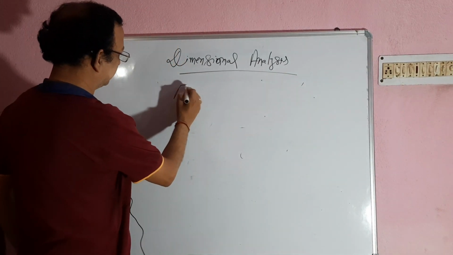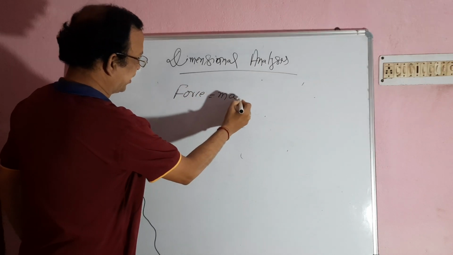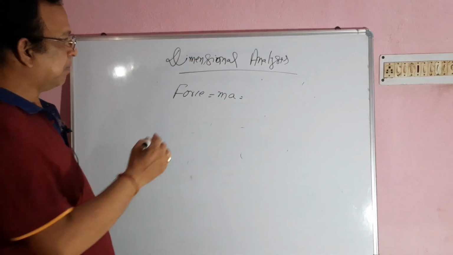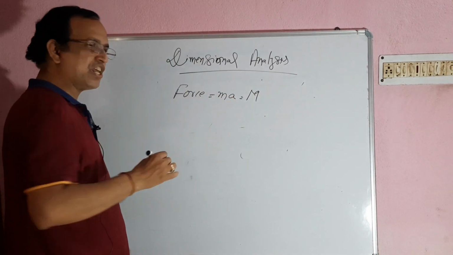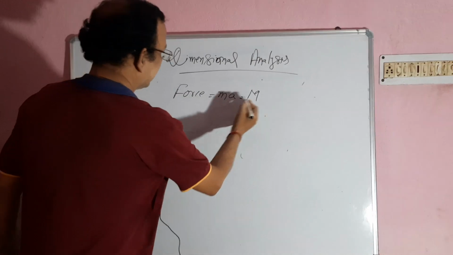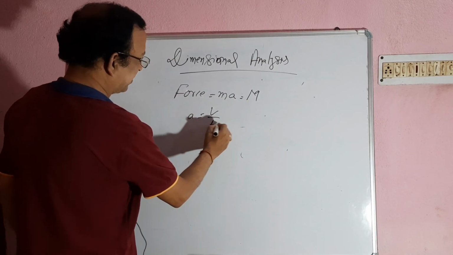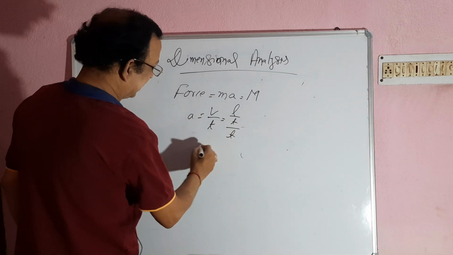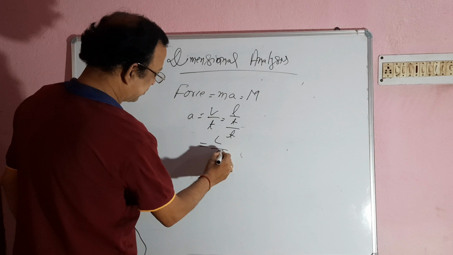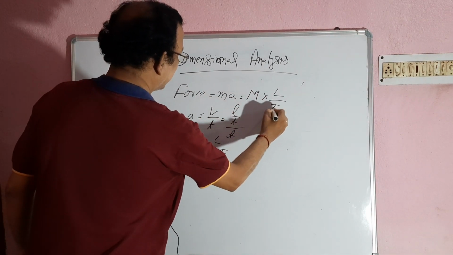Force. Mass into acceleration. For mass we use the letter M. Acceleration is velocity by time. Velocity is length by time, so acceleration is length by time square, that is L by T square.